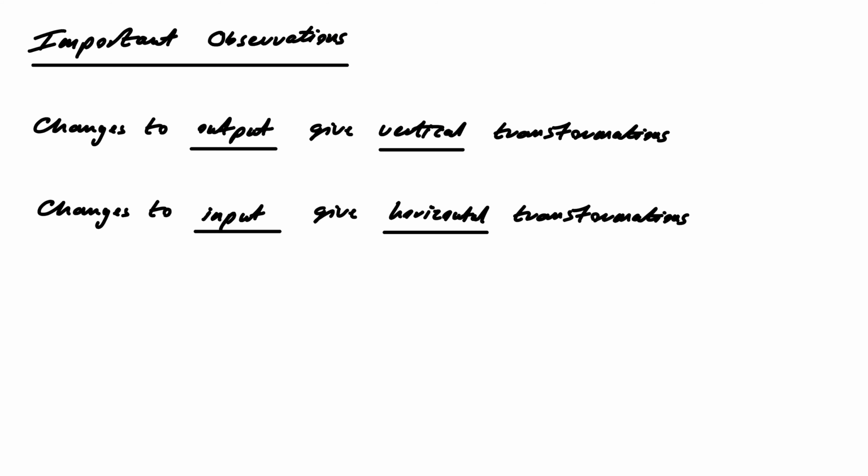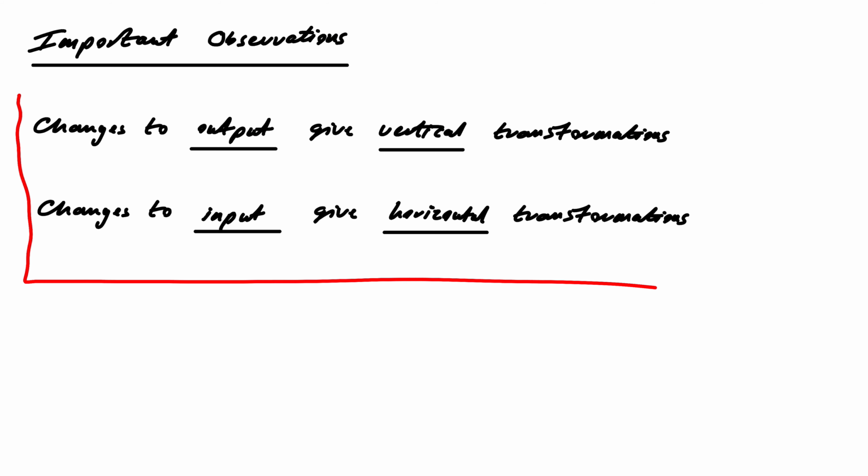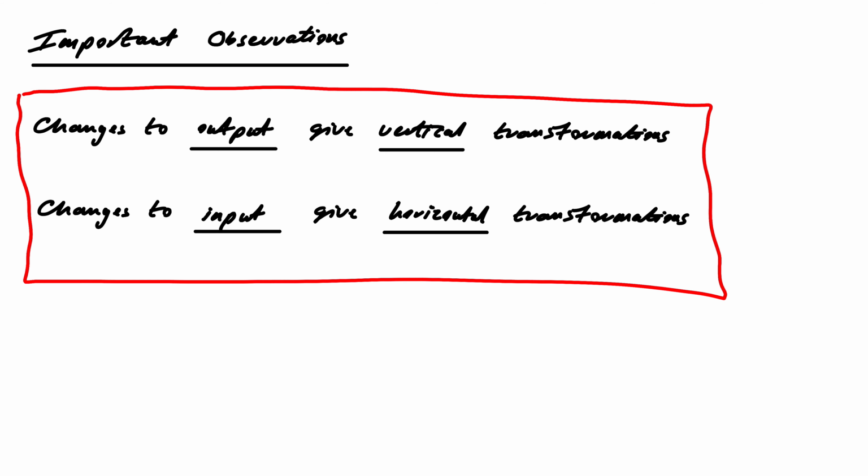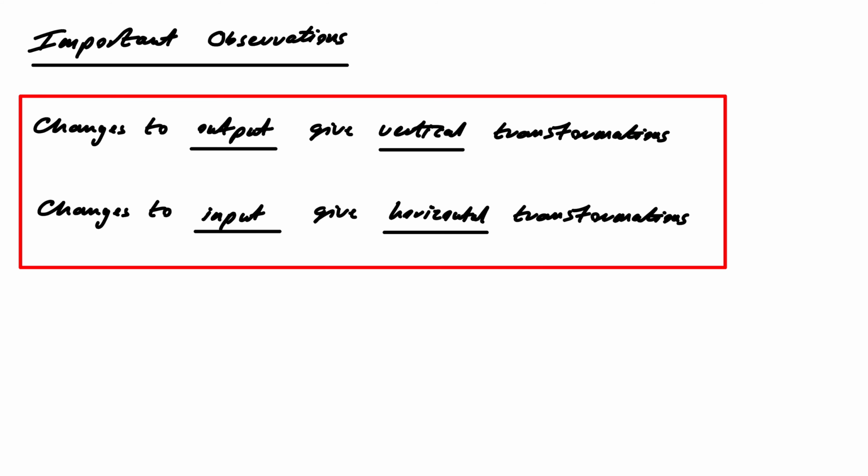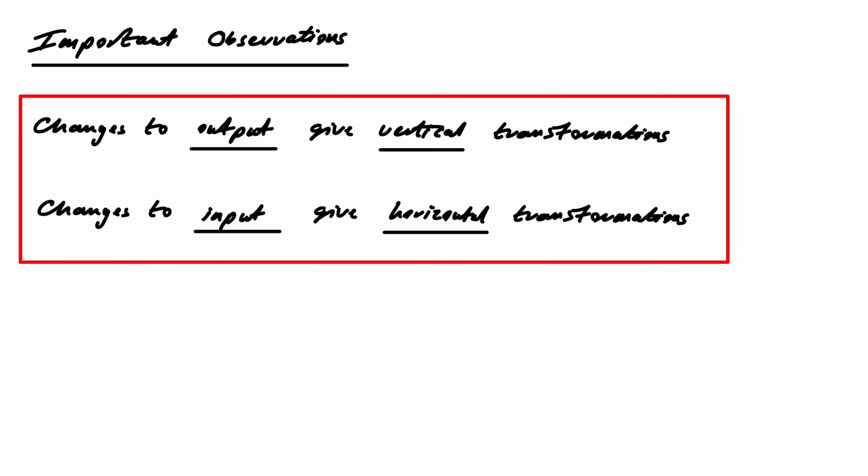Now, this is all well and good, but there is an easy notational confusion in this. When I say the output, I mean the whole output, the output of the function, whatever it is. This doesn't seem too important when you first see it, but it's really important.